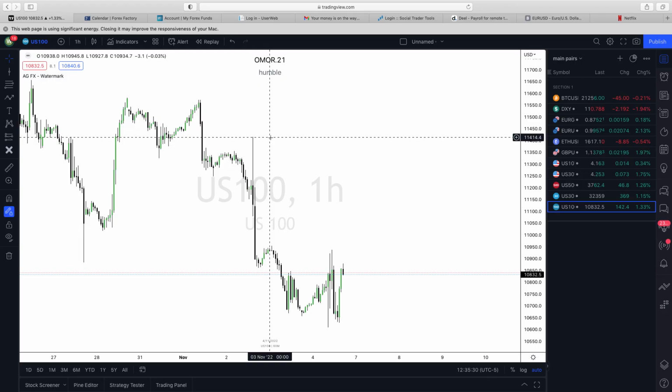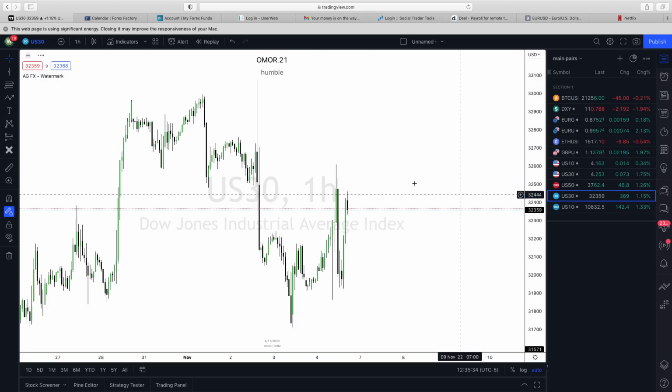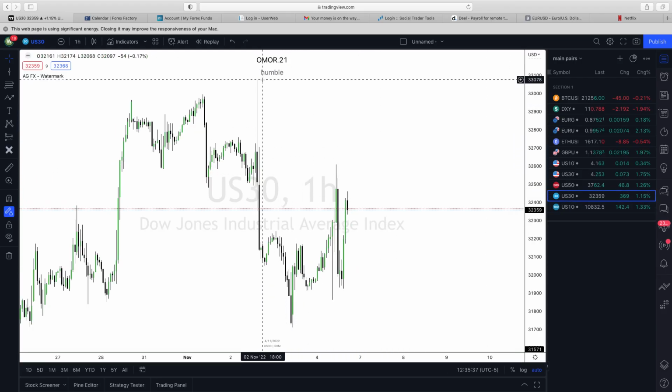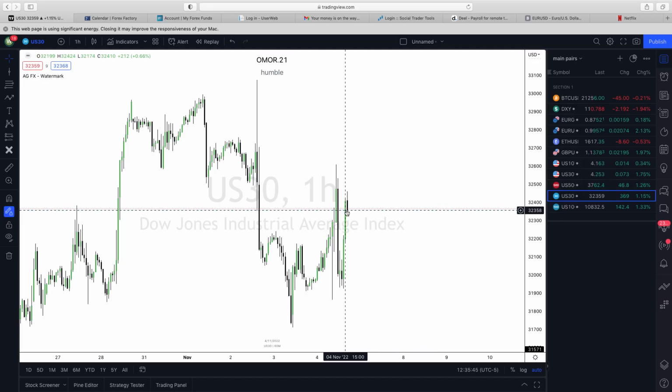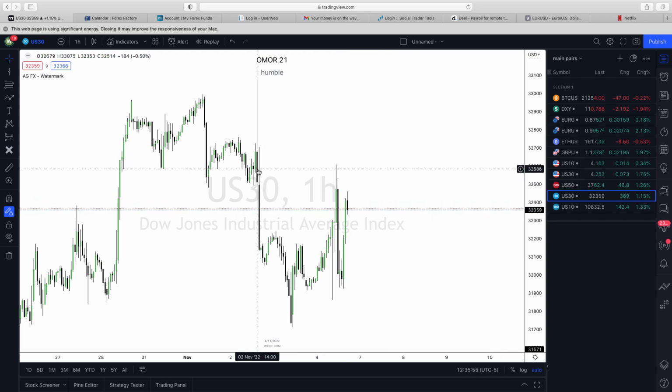A purge and revert on buy side liquidity, essentially, in this case, right? The US 30 offered that run on the high. Now, what does that tell you? That tells you that out of the three correlated pairs, US 100, US 30, and US 500, this is the better one to look for your short positions. Why? Because there's been a run on the buy side liquidity pool, right? This is the one that you're trying to look to trade.